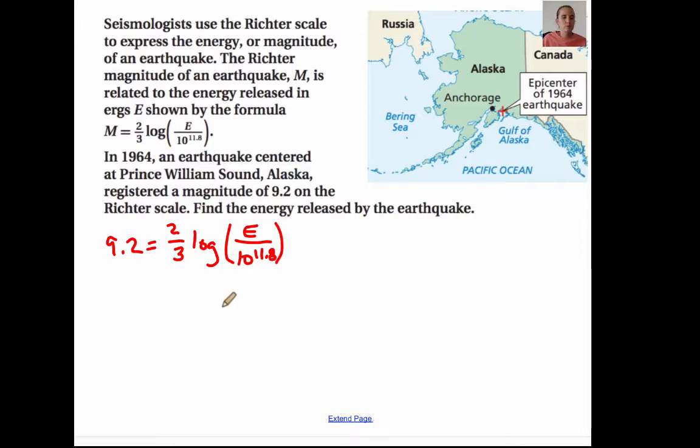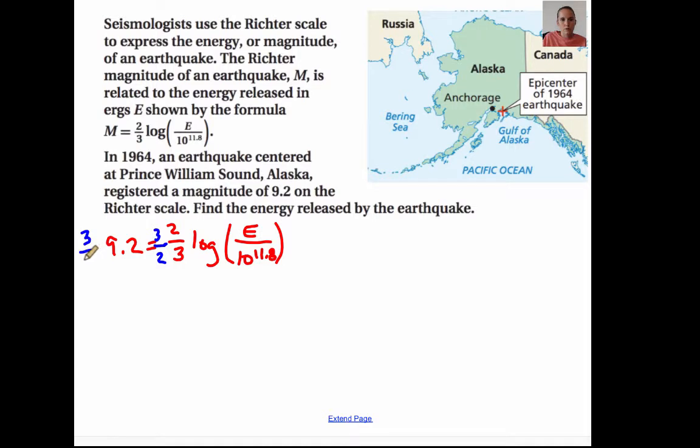The first thing we do, you need to think about each part here and what they represent. 9.2 is a number. 2 over 3 is being multiplied by all of this. Remember, log of some value represents a number. All of this here represents a number. So it's 2/3 times this log. What I'm going to do is get rid of 2/3 by multiplying by 3 over 2 and getting it to the other side.